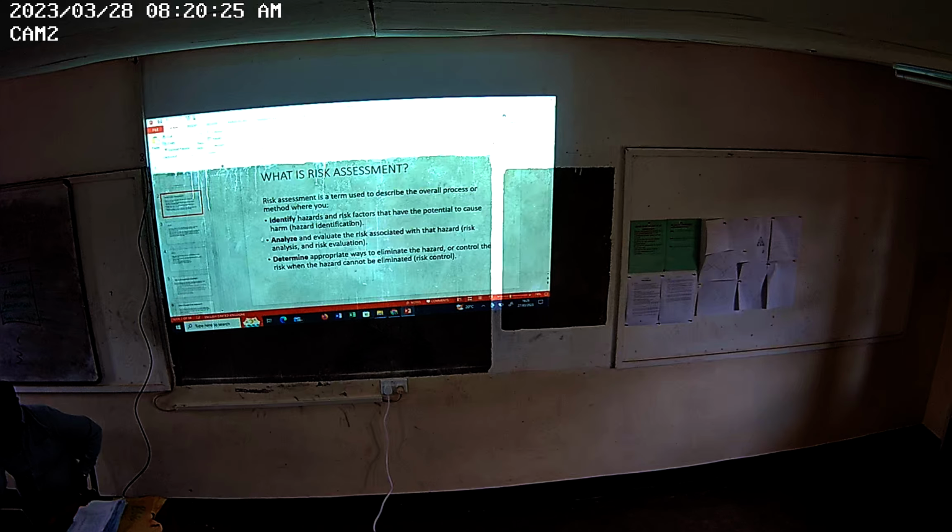Let's look at the definition again. The first stage is the identification stage. You identify risks. These are hazards and risk factors that have the potential to cause harm. So I'm saying in an ICT environment, I gave an example of the computer lab, library, or even here.